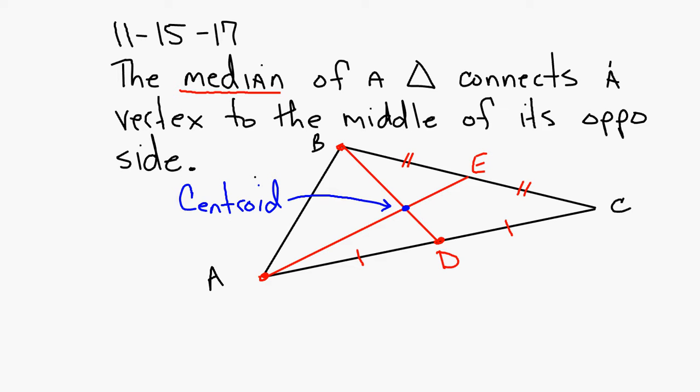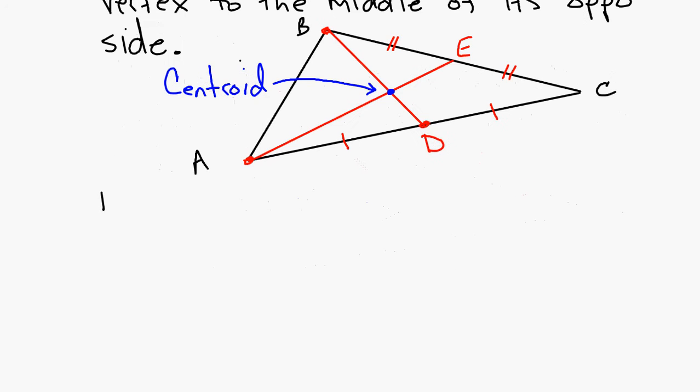So we're going to get in your notes that the medians of a triangle. How many medians would a triangle have? Well, there's two up there, and we didn't do the third one, so there's three. Vertex to the middle of the opposite side. There's going to be three.